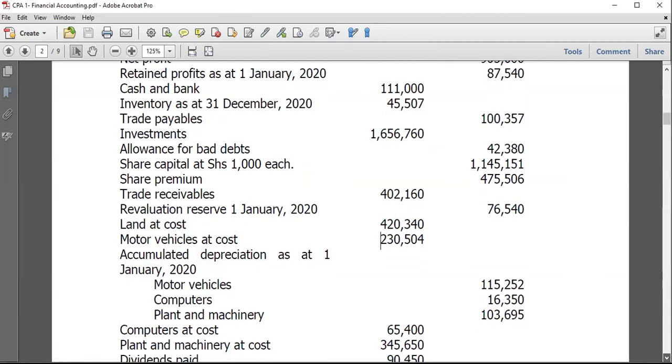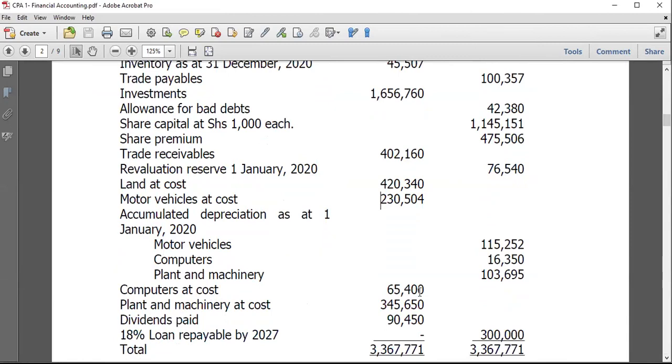And then we have what we call computers at cost, which is 65,400. I've already explained what cost means. Plant and machinery at cost, and then dividends paid at value. And then we have the 18% loan repayable by 2027.